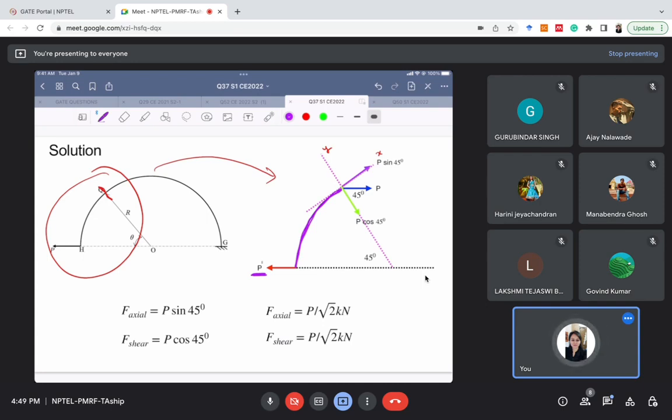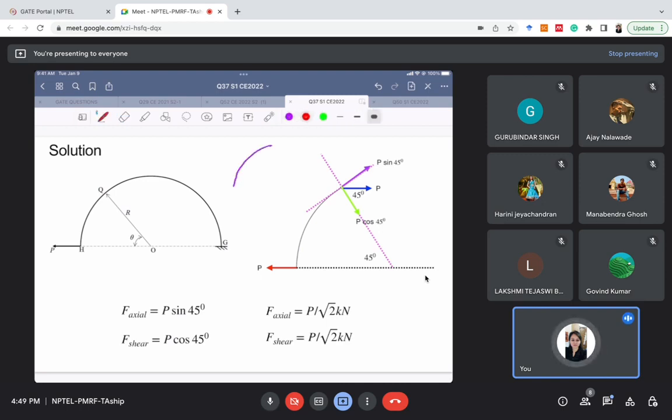So this is the value of P. So if this is P, let's say it's not there, P cos theta, P sin theta, just forget it, okay? Maybe I'll draw it separately. So I have cut this section as this.